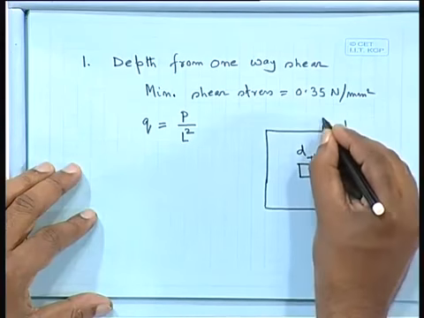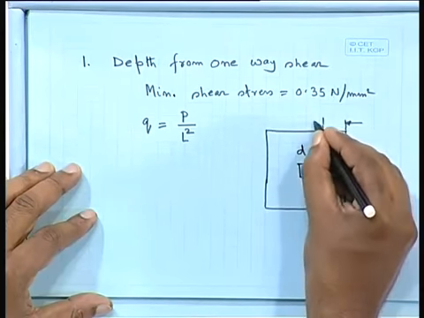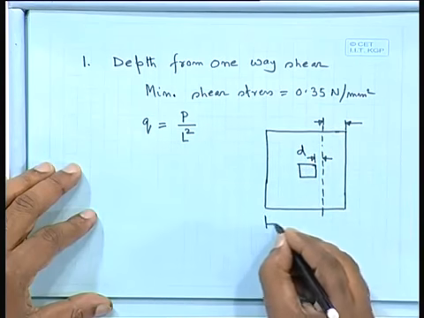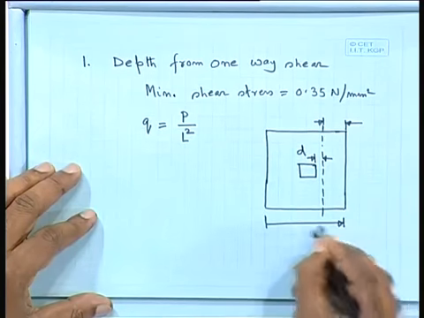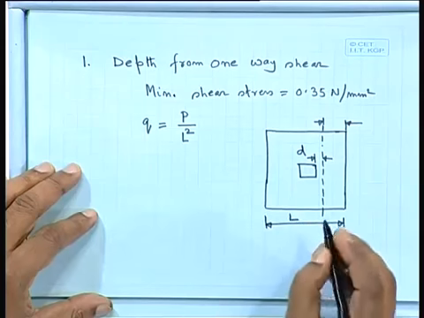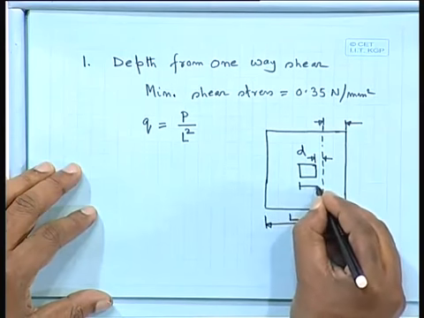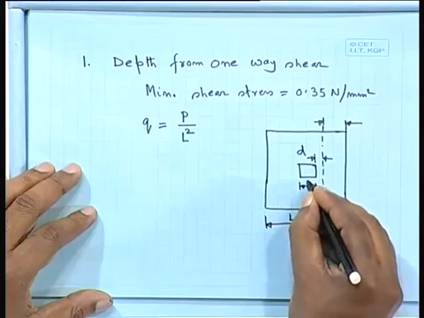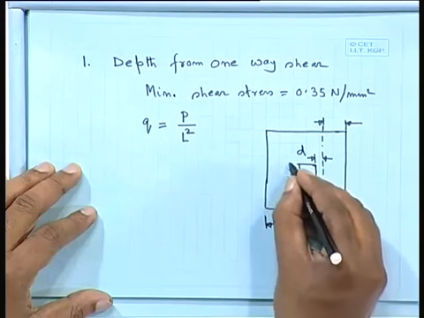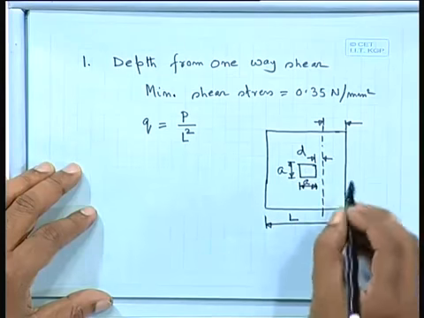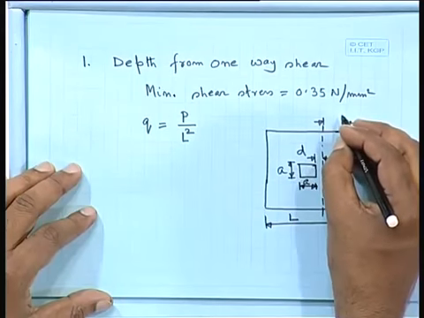Let us take this length. This is your L, and column size, square column A. So this one will be equal to L minus A by 2.